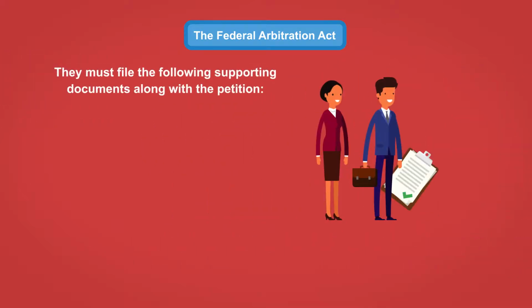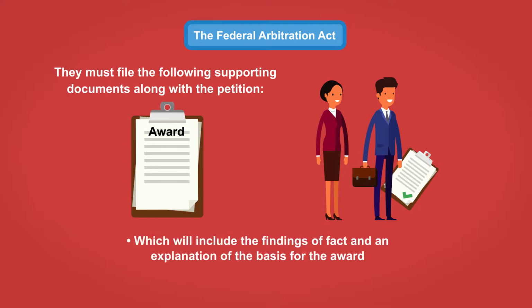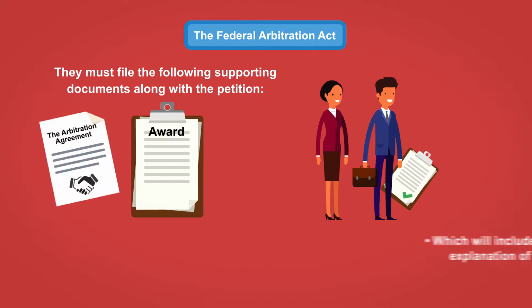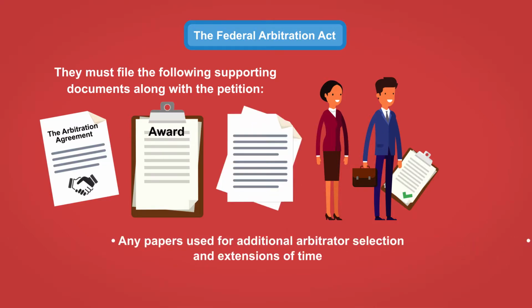When the party files a petition for confirmation, he must file the following supporting documents along with the petition: The award, a copy of the arbitration award, which will include the findings of fact and an explanation of the basis for the award. The arbitration agreement. The agreement is needed as evidence that the parties agreed to arbitrate their dispute. Any papers used for additional arbitrator selection and extensions of time.